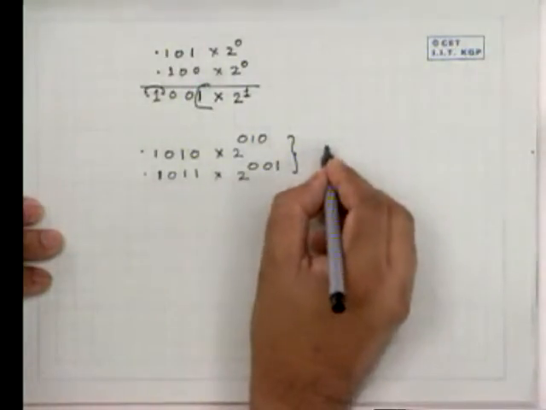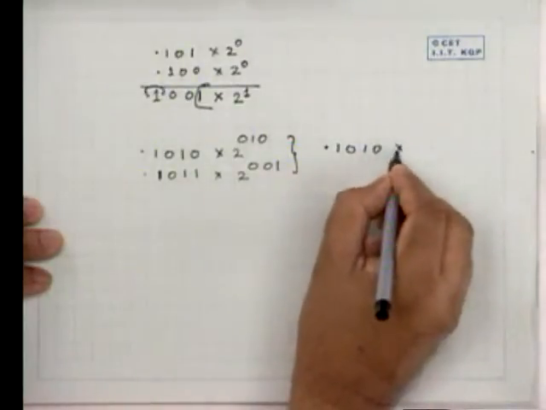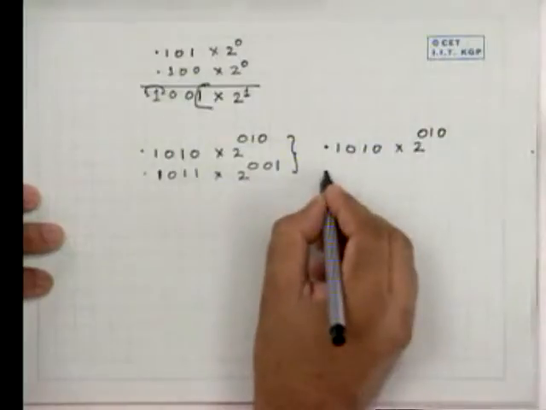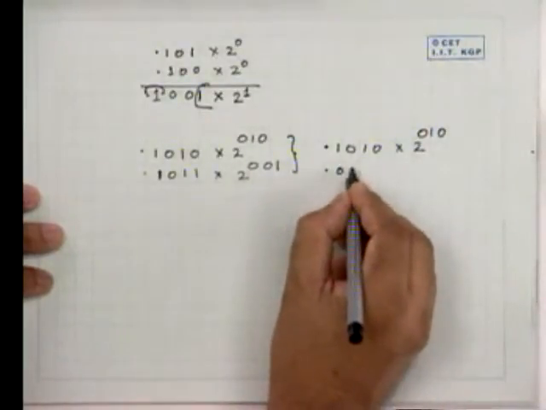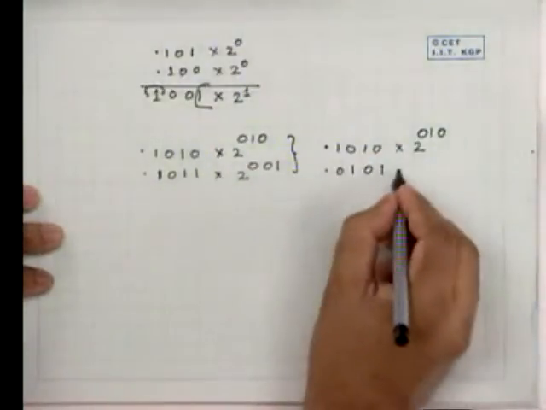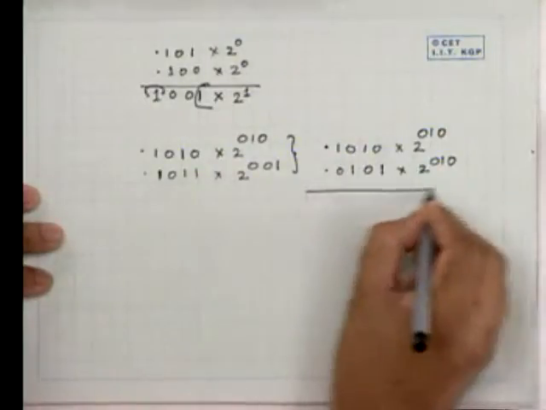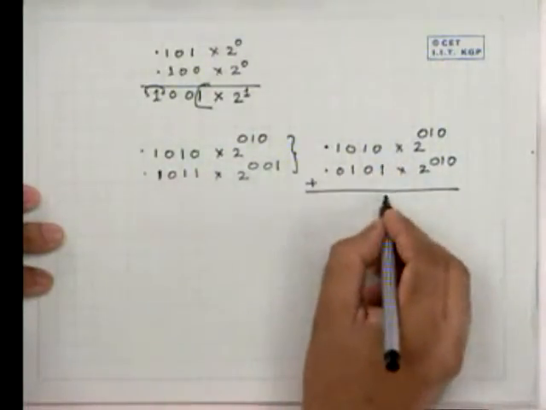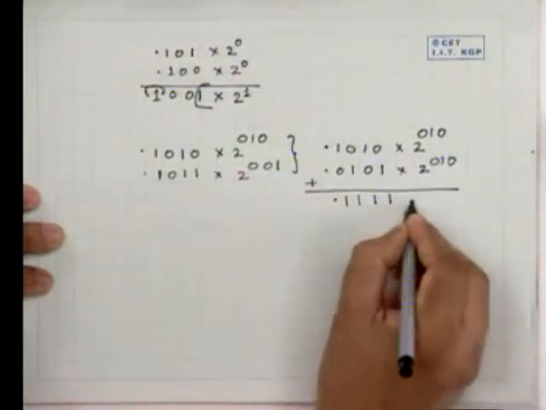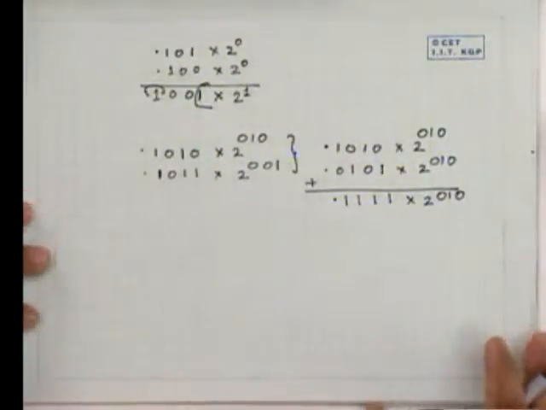For example, we'll have to do this way: 0.1010 into 2 to the power 010, and 0.0101 into 2 to the power 010, and then only we will be able to add, giving a figure of 1111 into 2 to the power 010, right?